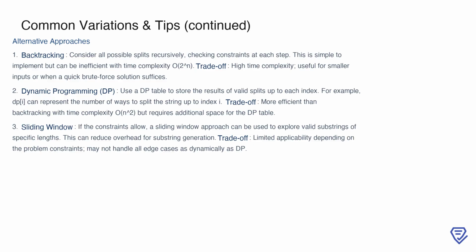Finally, a sliding window approach can be considered if the problem constraints allow. It enables you to focus on substrings of specific lengths, reducing the overhead of generating all possible substrings. However, this method is less flexible and may not handle all edge cases dynamically. Choosing the right approach depends on the input size and constraints provided in the problem.